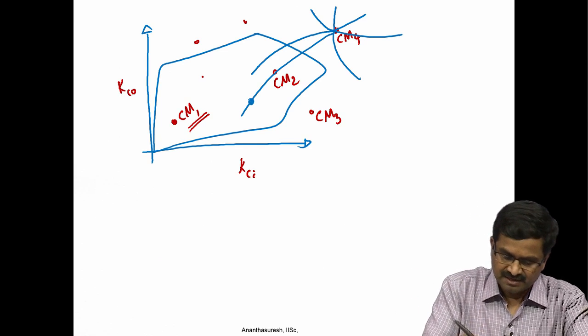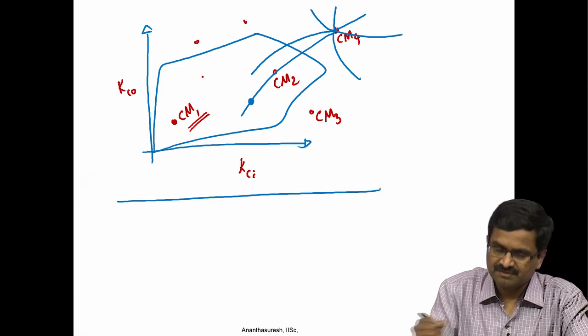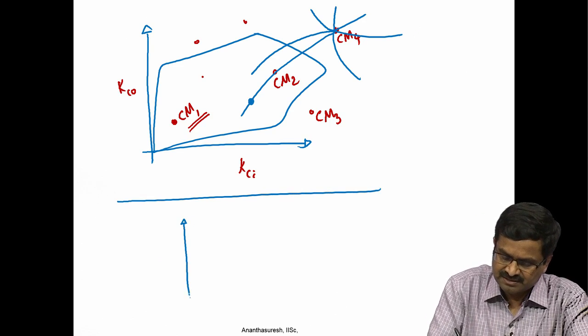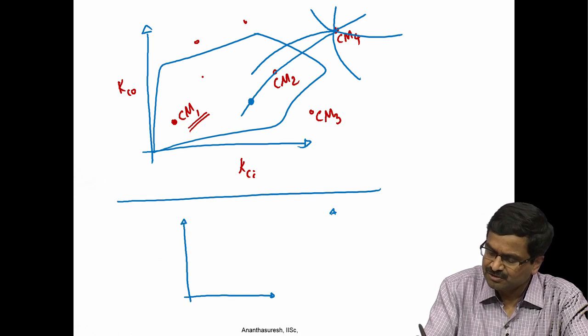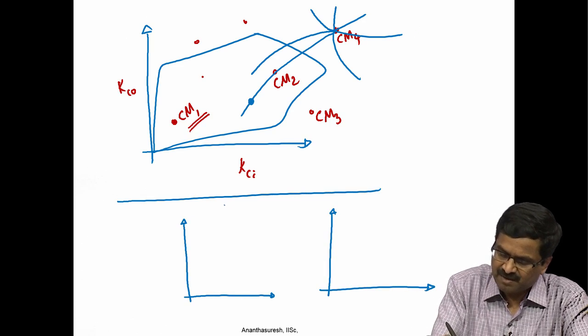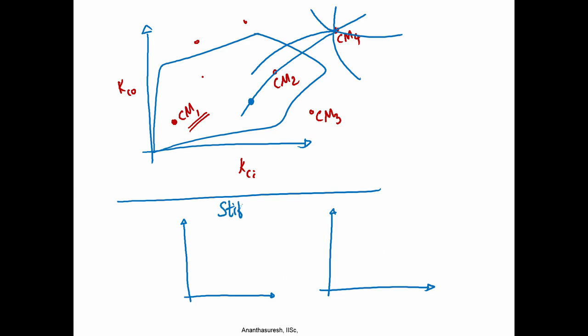This is for statics. If it is dynamics, what we also said is that in addition to looking at the stiffness map, as we can call it, when we are plotting KCO versus KCI, similarly we can talk about an inertia map when we talk about MCO versus MCI.